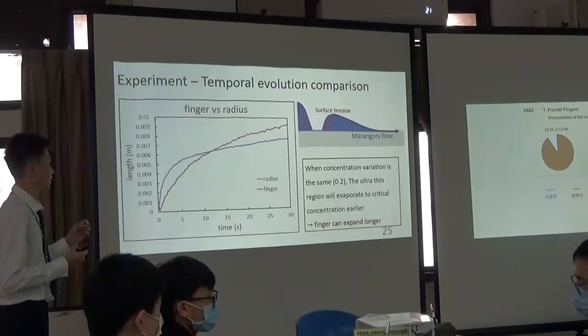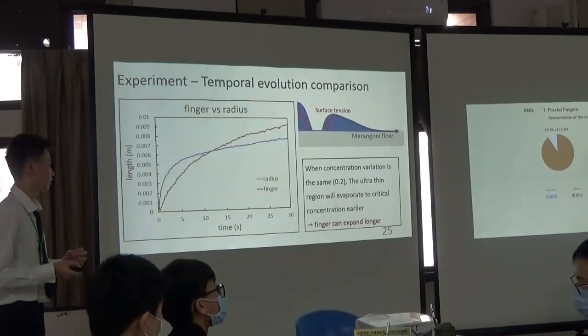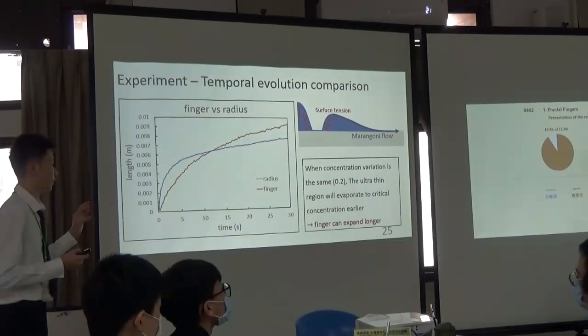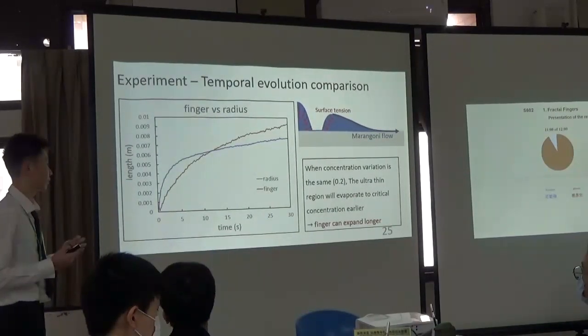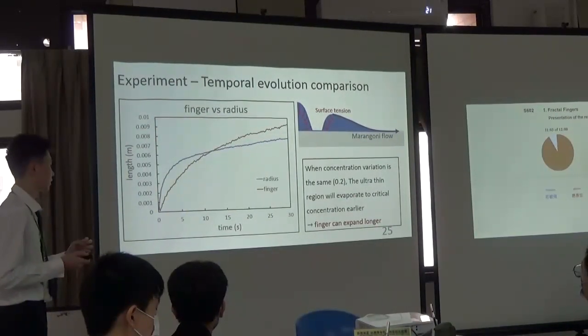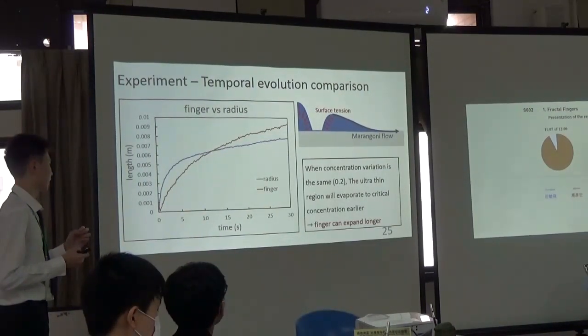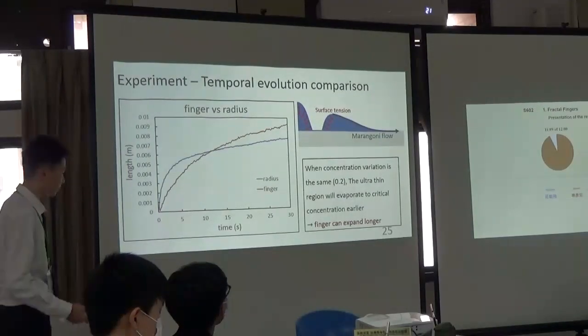Because of the evaporation differences due to the thickness of the mixture, the ultra-thin region will evaporate to a critical concentration earlier, so the radius will have less time to expand than the finger.